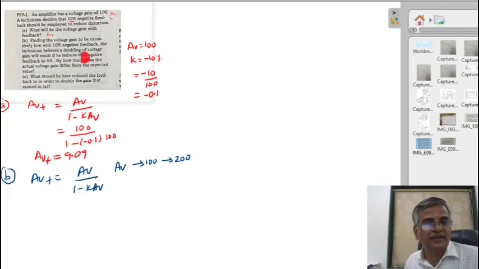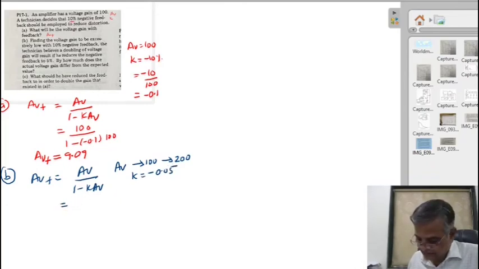The technician believes that doubling the voltage gain will result. So I have to double this voltage gain, so make it double. And K I have kept 5%. So 5% means minus 0.05. You will get your expected one.